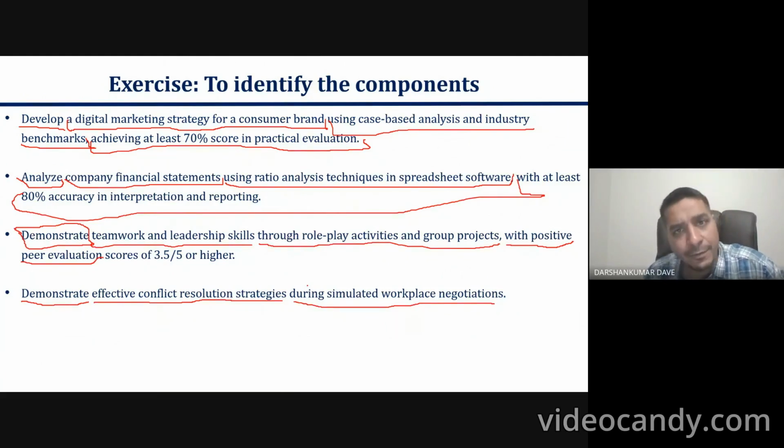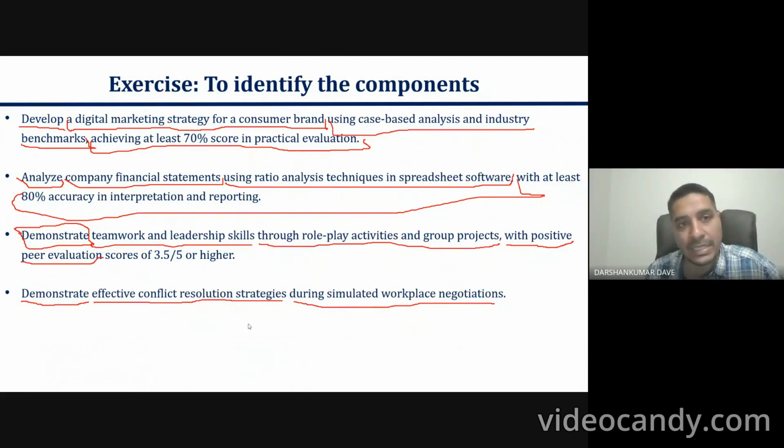Maybe in 4 cases out of 5, maybe in all the 5 cases, or maybe 3 out of 4 cases, right? But it is not given. It is not mentioned in the statement, right? But it is implied. By default, one can see whether it is attained or not, whether the person has developed the skill of effective conflict resolution or not, right?